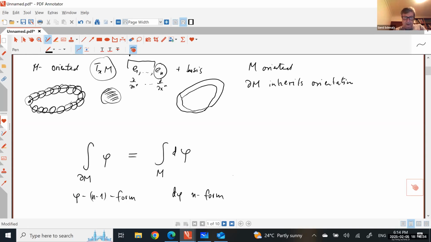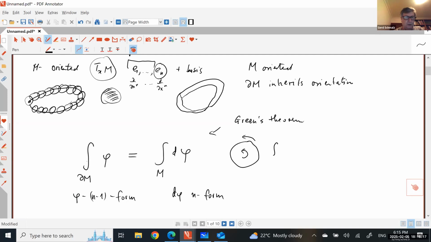And of course, you know some instances of that. We have first of all Green's theorem. In the context of Green's theorem, you would also have discussed orientation. So we have a domain which is, say, oriented counterclockwise, and then the boundary is also counterclockwise, and we have then the double integral.